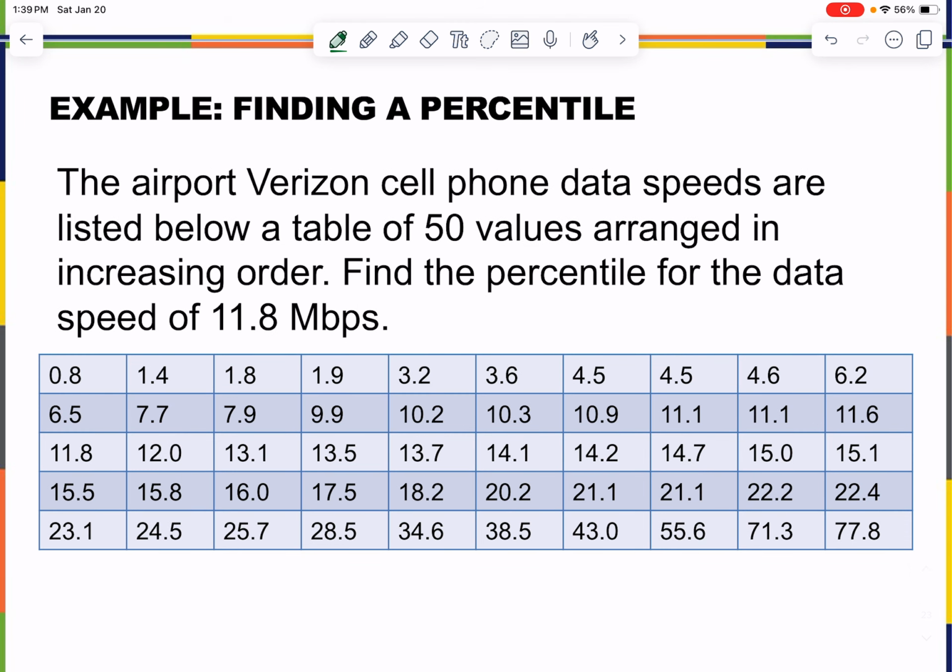Example, finding a percentile. All right, so we've got cell phone data speeds from an airport. The airport Verizon cell phone data speeds are listed below in a table of 50 values arranged in increasing order.